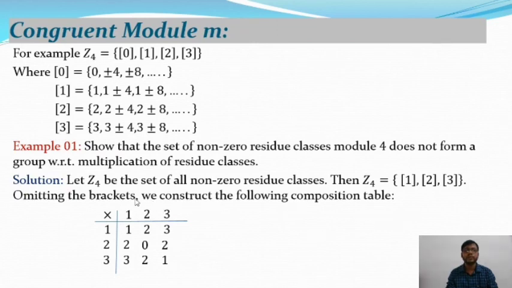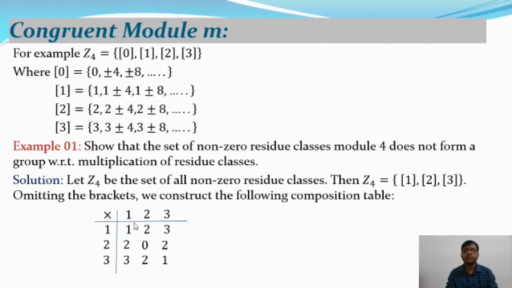So [0] is the zero residue class. Now, omitting the brackets, we construct the following composition table. The top row is 1, 2, 3, and the first column is 1, 2, 3, and the operation is multiplication.